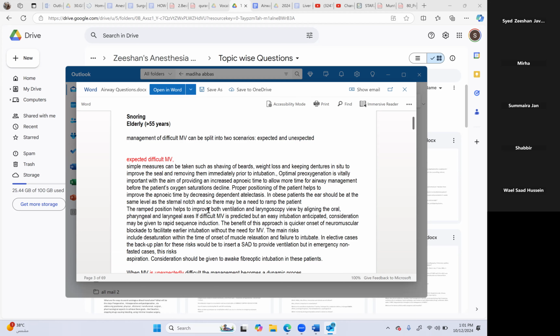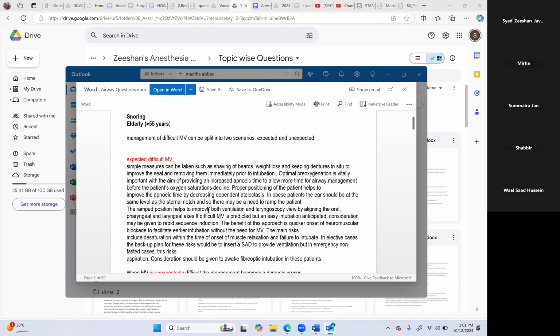So make a habit: any patient you start to anesthetize, you can do this practice in all patients. Ask the patient to take deep breaths, three or four maximum vital capacity breaths. First of all, it will open up the alveoli which have atelectasis, so this will help in your airway management.